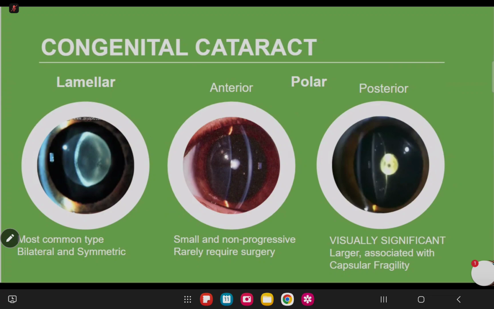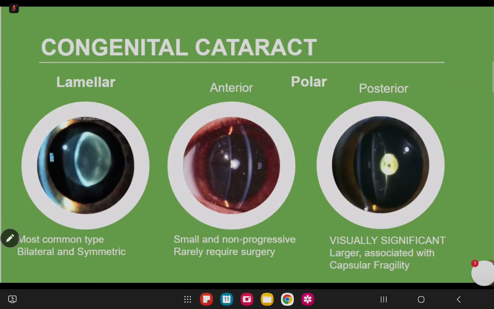For your polar, it could be either anterior or posterior. These are small and non-progressive. For your anterior, these are usually small and non-progressive and rarely require surgery since it's less than 3 millimeters in size, so it's not that significant.